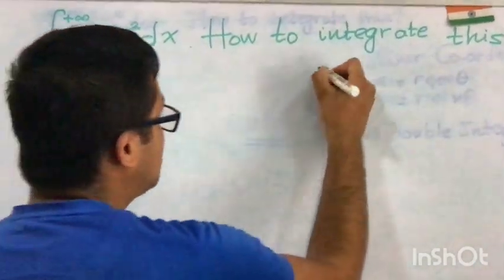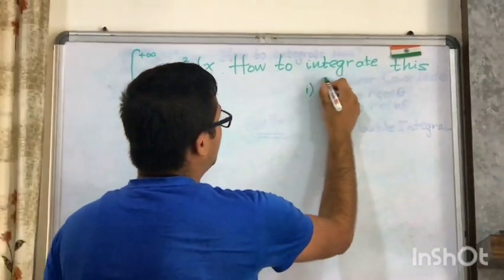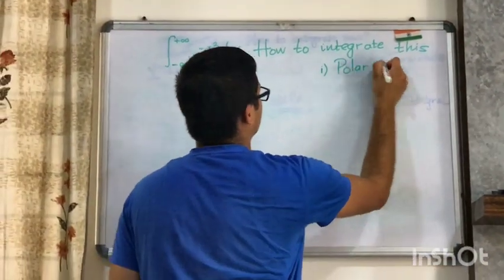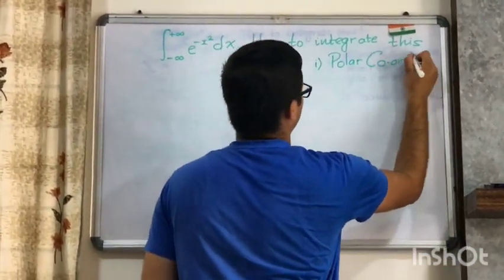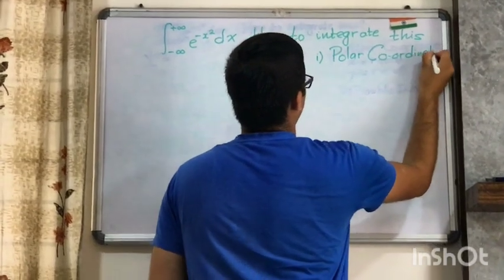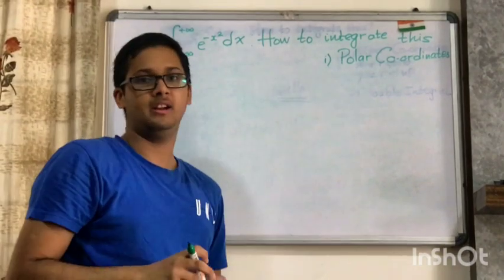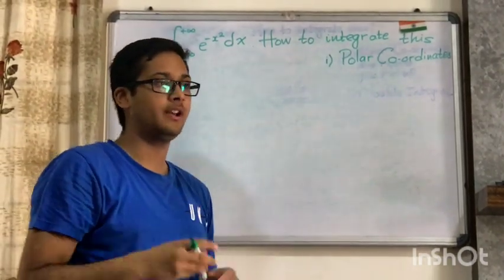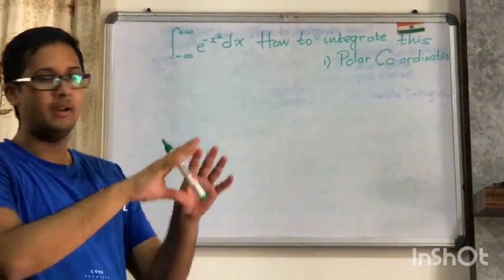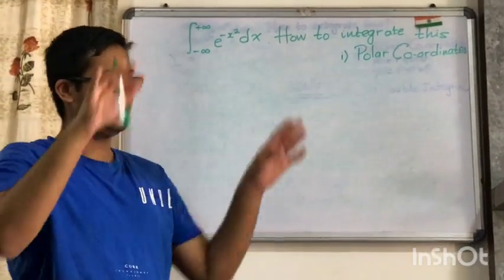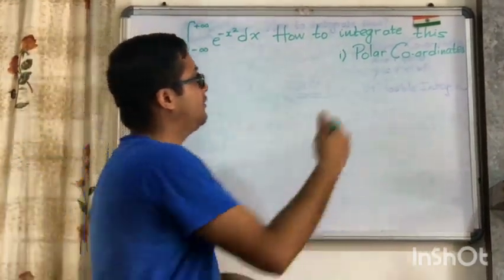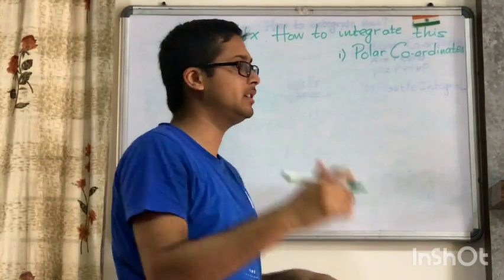The first concept which we are going to use is polar coordinates. So what exactly do we do in polar coordinates? Generally in the xy plane, the normal Cartesian coordinate axis, we assume everything as rectangles. But in polar coordinates, we take everything in terms of circles.